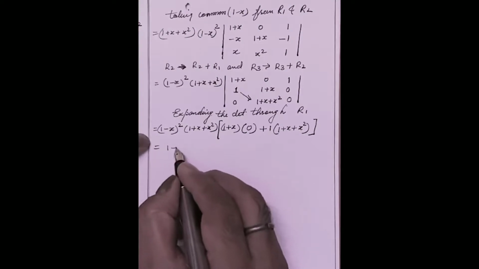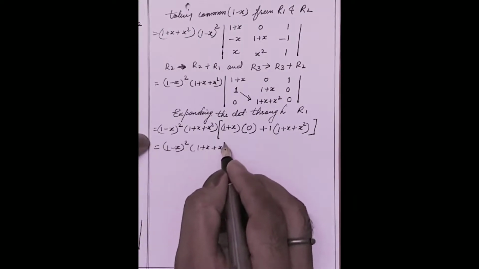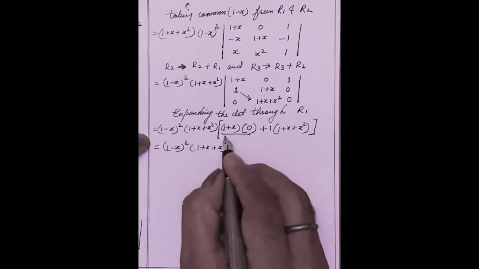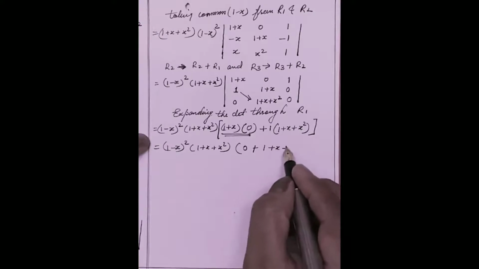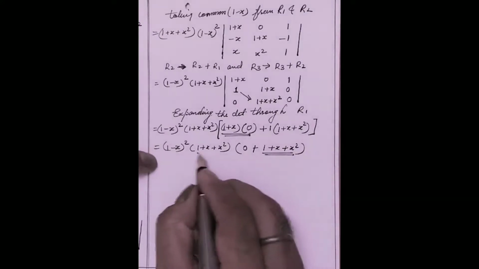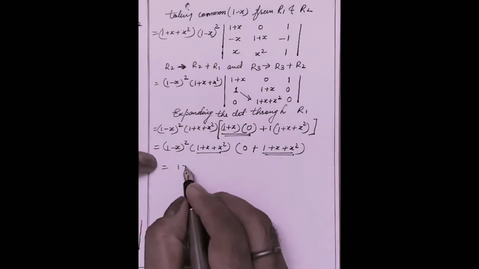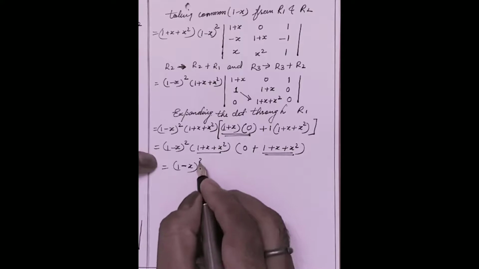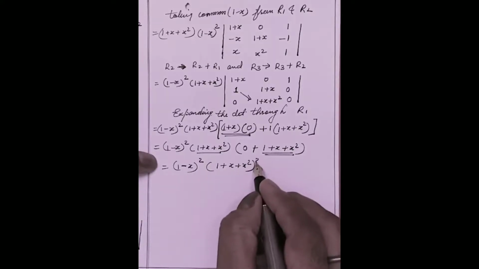So now 1 minus x whole square, 1 plus x square outside, 1 plus x into 0, 0 plus 1 into this one, 1 plus x square. Now only 1 plus x square is remaining, so 1 plus x square into this one. So 1 minus x whole square into 1 plus x square is also square.